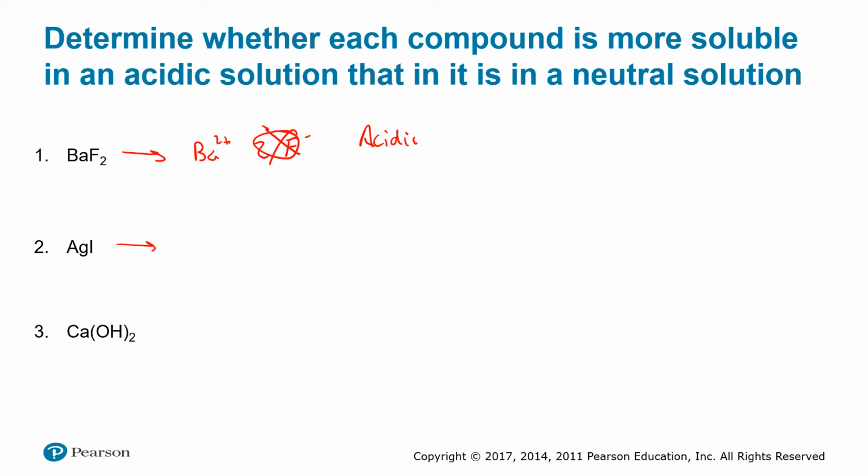Okay, silver iodide. This is going to dissociate into silver and iodide. If we look at that chart, iodide is not on that chart, meaning it is not a weak base. If anything, excess hydronium is just going to have more product around, which is going to force the reaction to the left. So you actually want this to be a neutral solution. Having any acid around doesn't help.